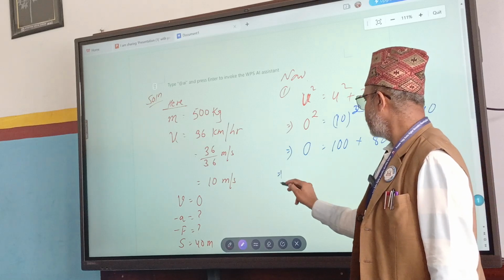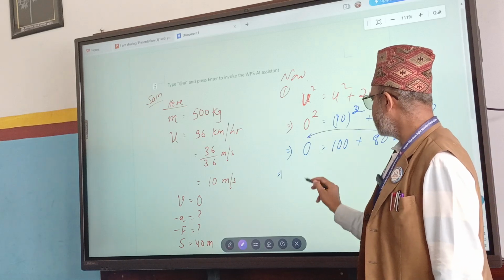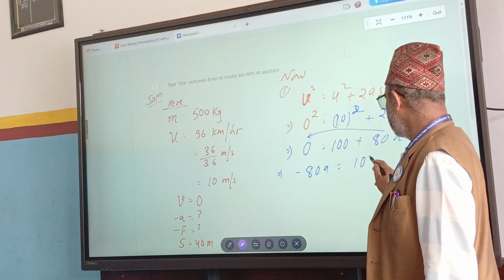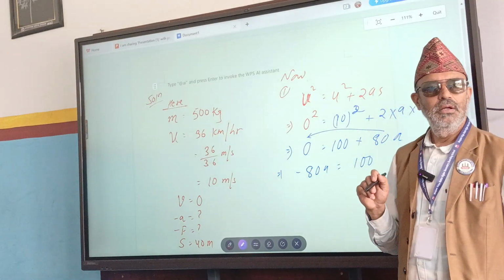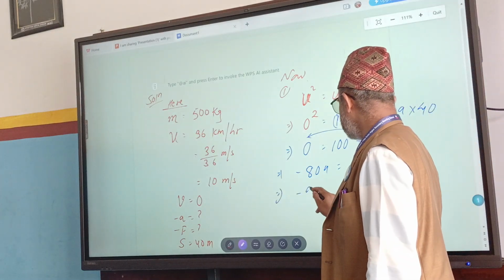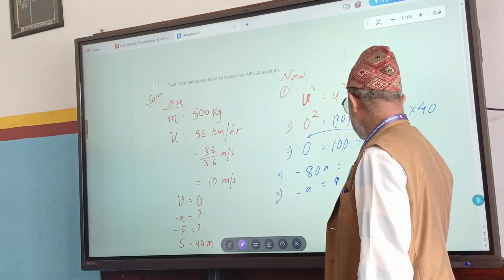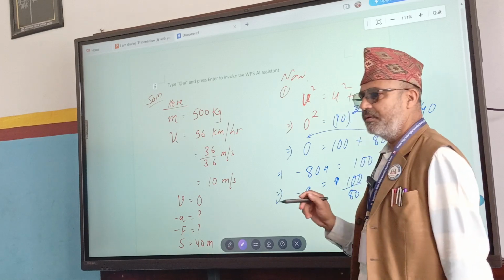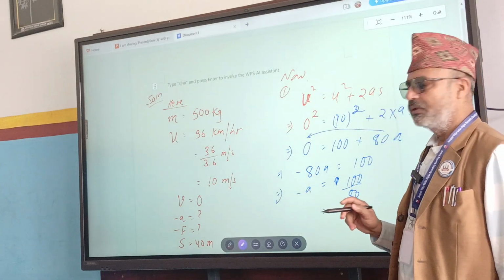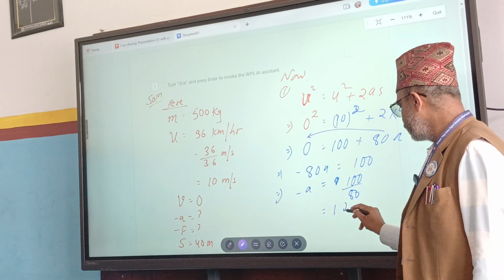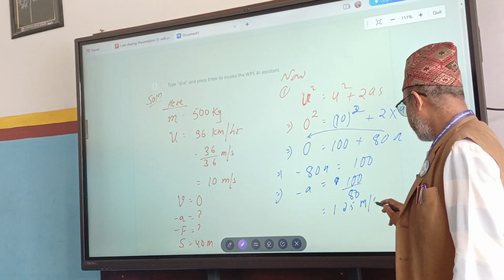Now children, look at here. This 80A you can bring left hand side. Minus 80A equals to 100. Minus A equals to 100 by 80. 100 by 80 is how much? 1.25 meter per second square.